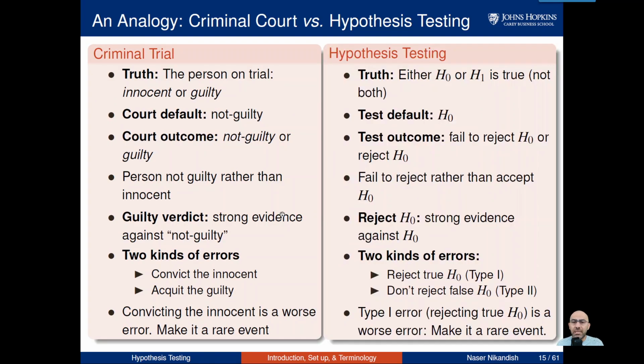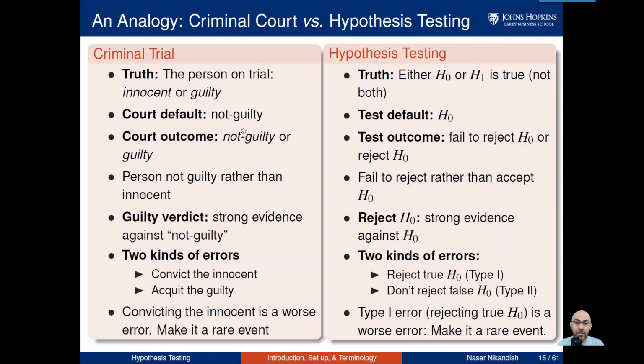All right, so let's look at the analogy that we have between a court and hypothesis testing. I'm going to just go over a couple of them, and then the rest, hopefully, you can follow up yourself. The truth is that the person is either innocent or guilty.